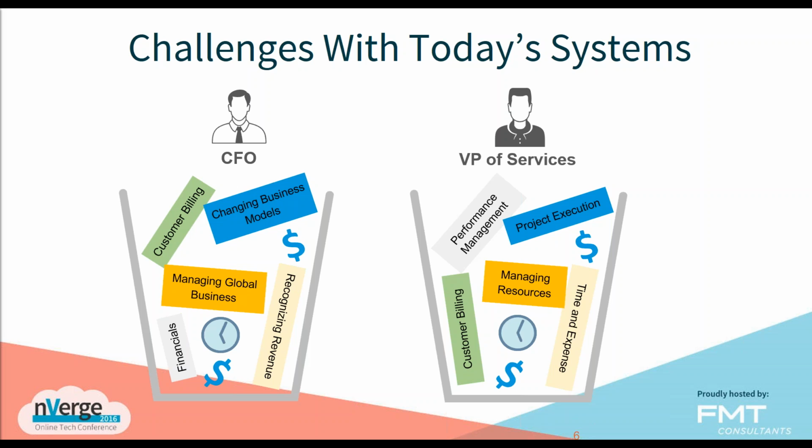And then on the services side, really from a delivery perspective, being able to execute on their projects satisfactorily relative to their clients, managing their resources and getting the billing correct. These are all, again, challenges that we see companies having with today's systems.